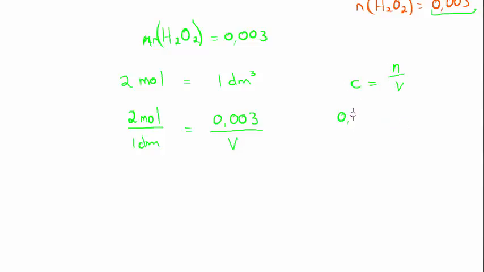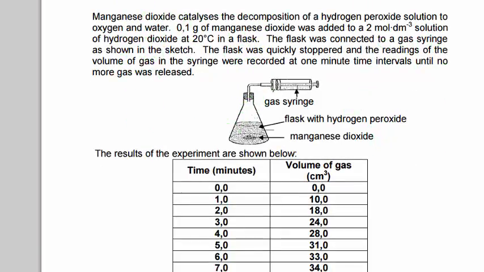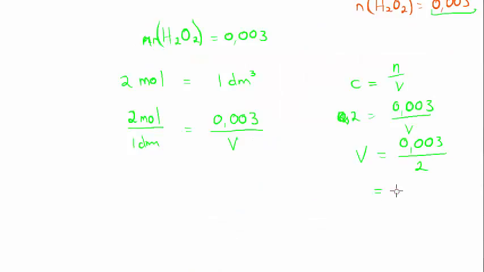You have the concentration is 2, you have the mole is 0,003, you want the volume. You can use the formula, but I just want to show you that you don't need the formula. So volume, when you solve it, is 0,003 divided by 2. So the volume is 0,0015 cubic decimeter.